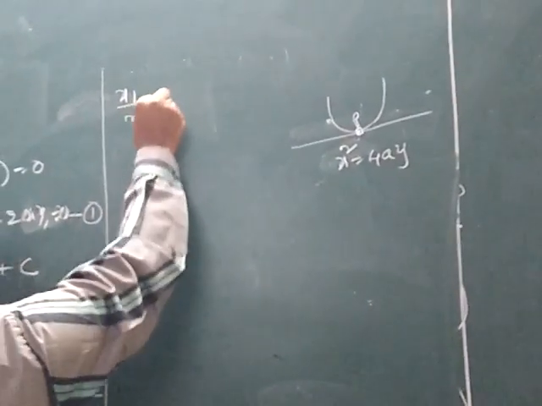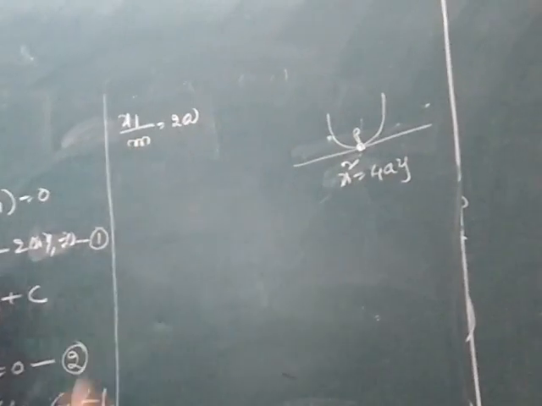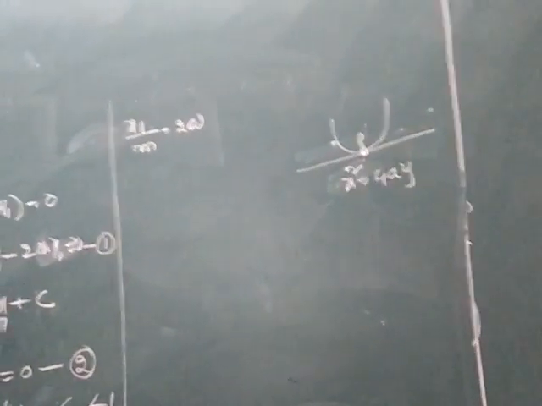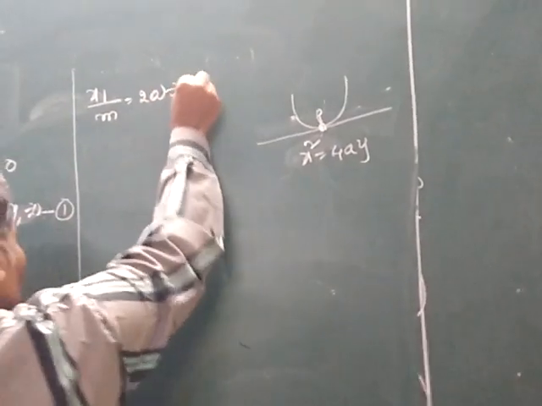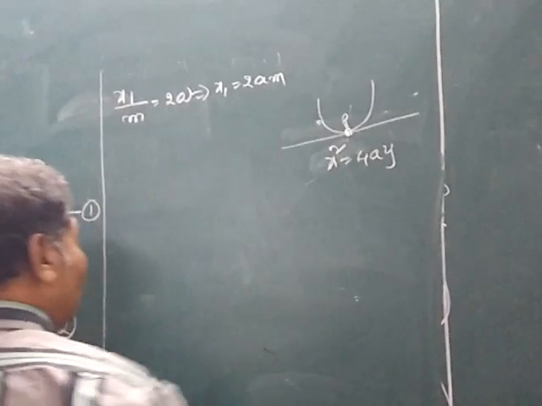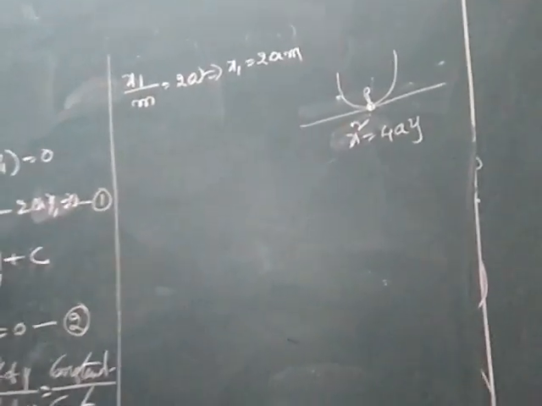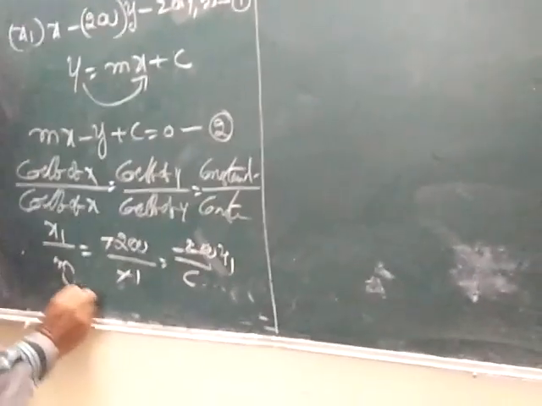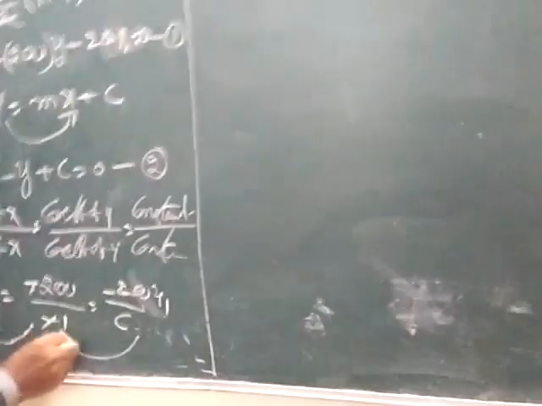First take these two. x1 by m equal to 2a. Minus cancel. So x1 value 2am. Next, take these two.